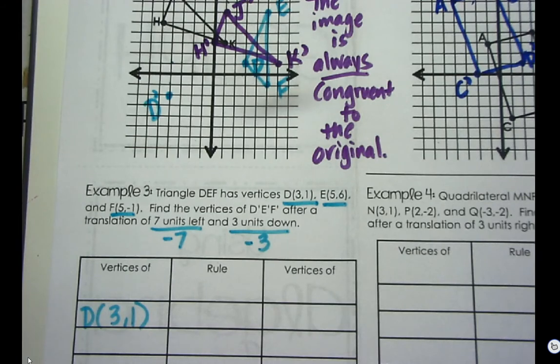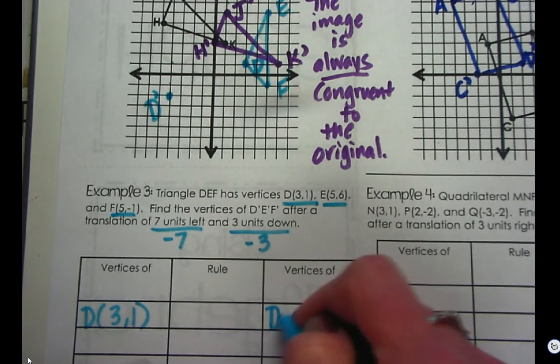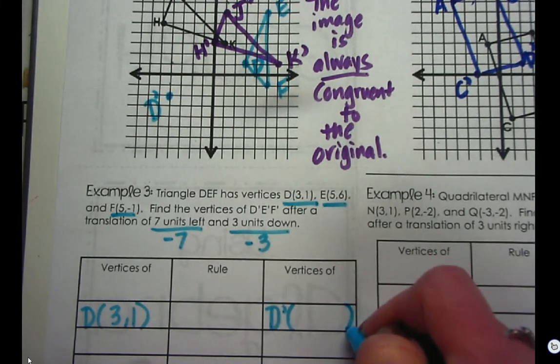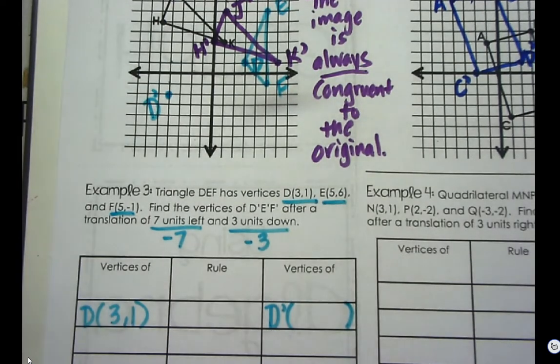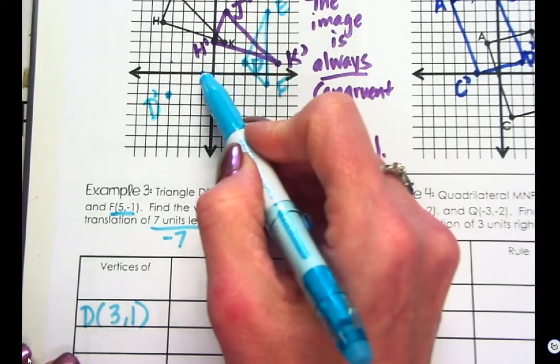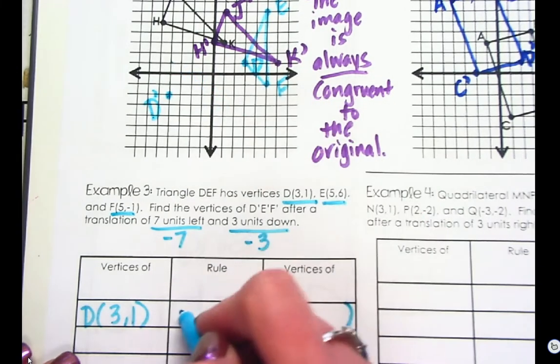Before we write the rule, and I'm going to teach you how to do that, we're going to look at the new coordinate of D, D prime. D original was 3, 1. D prime is -4, -2.